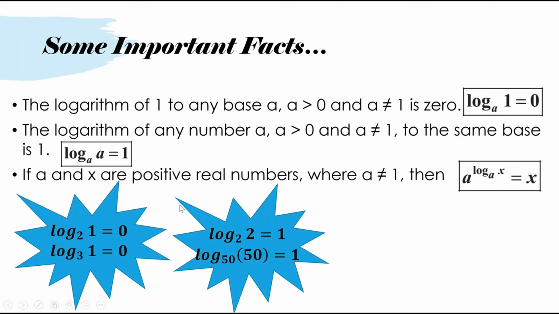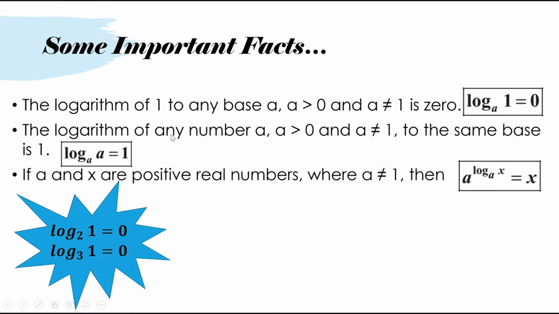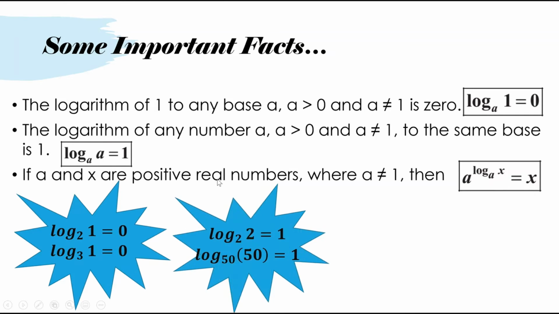The second important thing is the logarithm of any number a, where a is greater than 0, with the same base. That means if the base as well as the argument is the same number, the value of the whole logarithm becomes 1. For example, log of 2 with base 2 is 1.